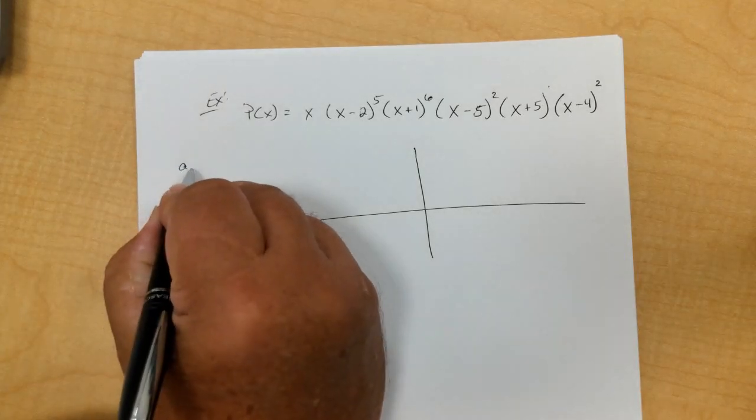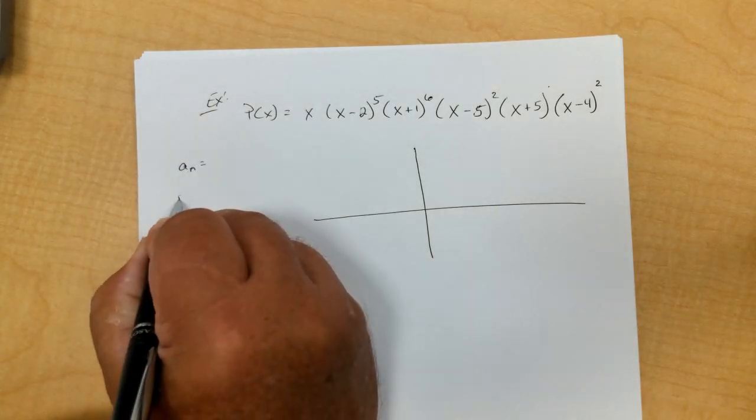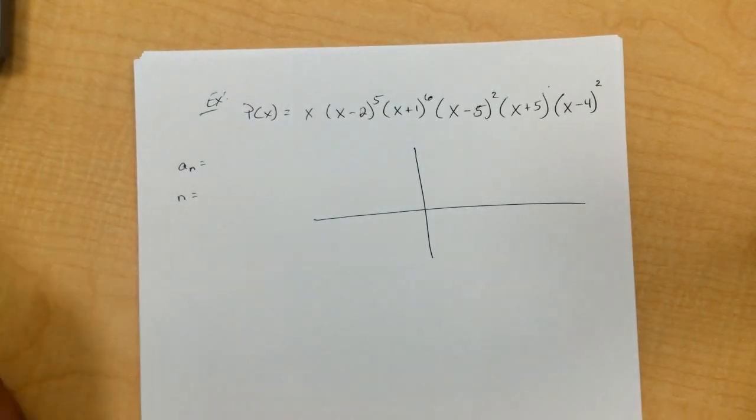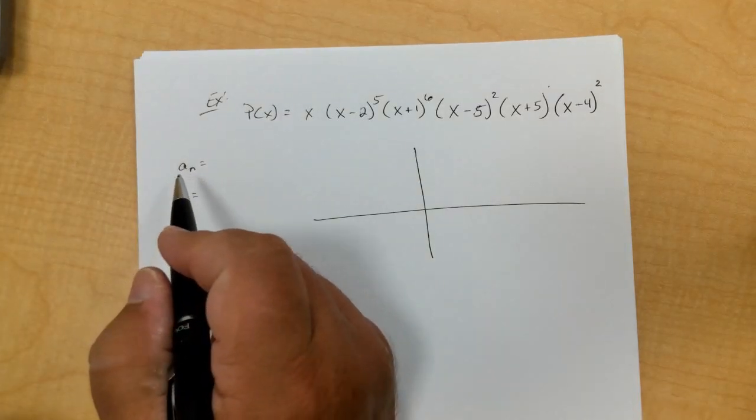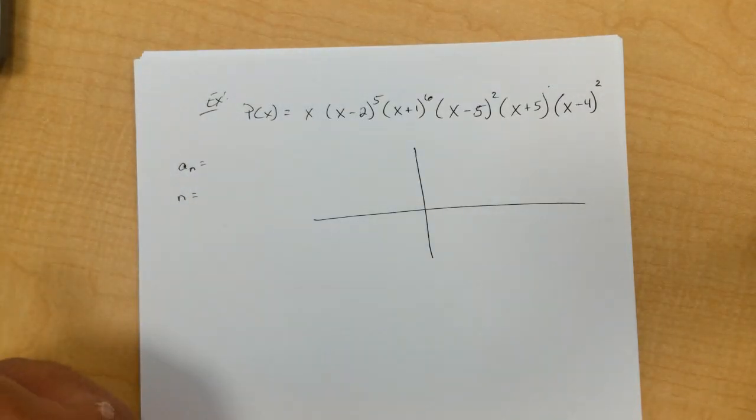You have to figure out what those are, because you have to know what the basic shape of the graph is. Is A sub n, basically, positive or negative? That's all you have to know. Is A sub n positive or negative in this example?